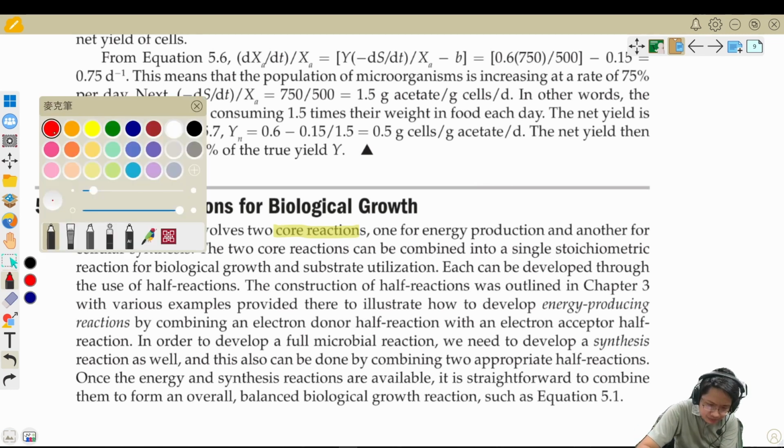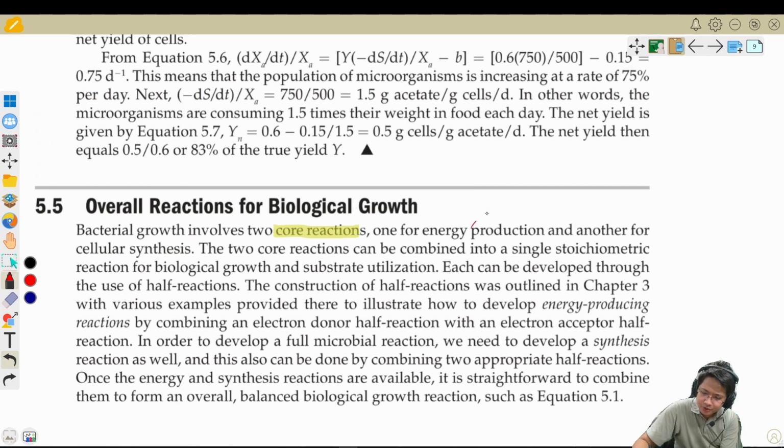And the energy production also comes from two core reactions. One is the oxidation half reaction, and another one is the reduction half reaction.